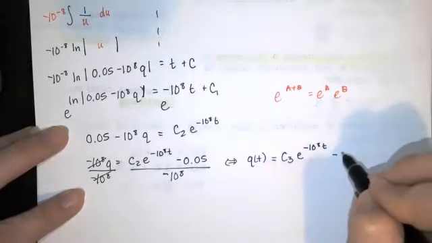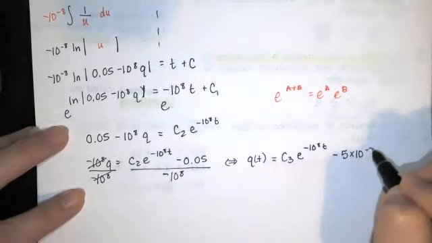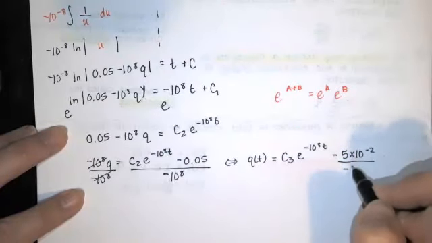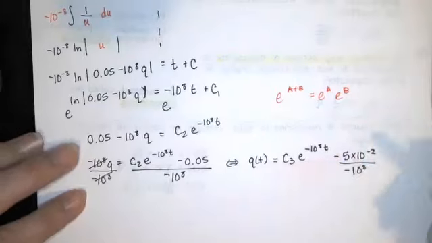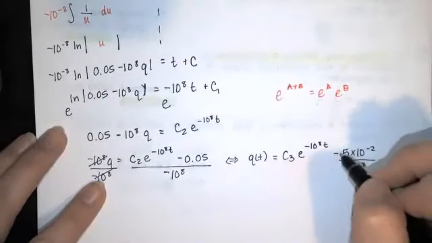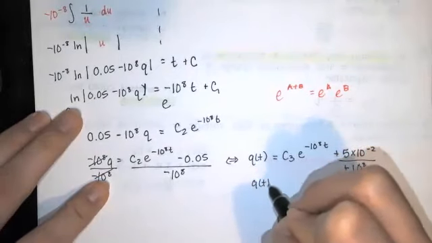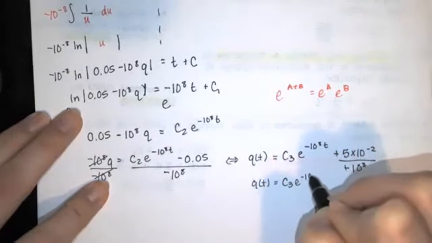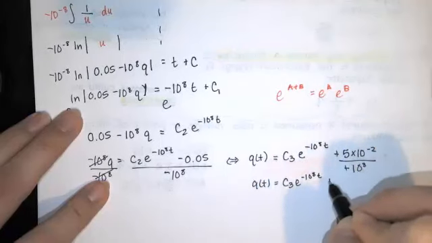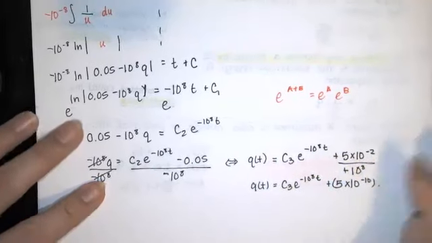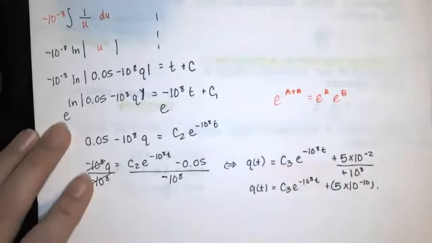And this was negative 5 times 10 to the negative 2. And we're dividing that by a negative 10 to the 8th. So if you want, you could say a negative divided by a negative is a positive, and then that would make that a 5 times 10 to the negative 10 right there. So that's our charge as a function of time on the capacitor. Our charge on the capacitor as a function of time.